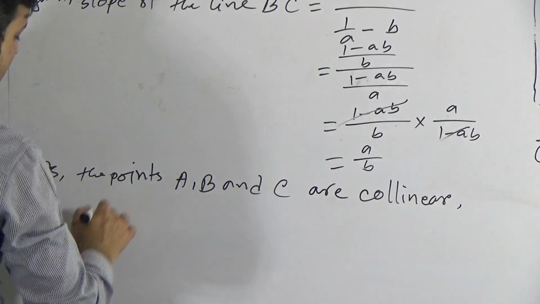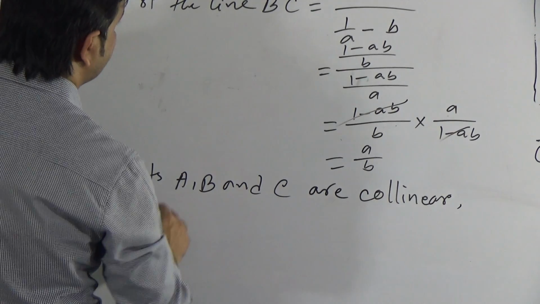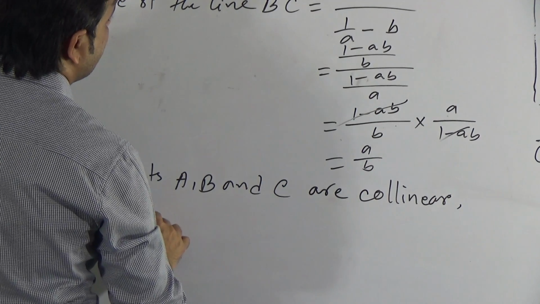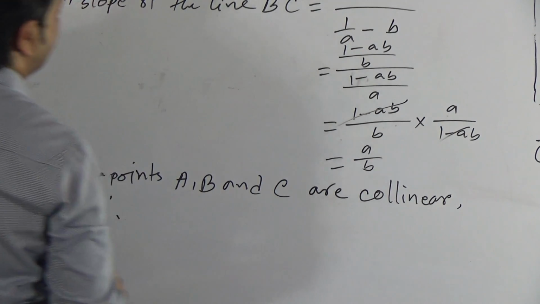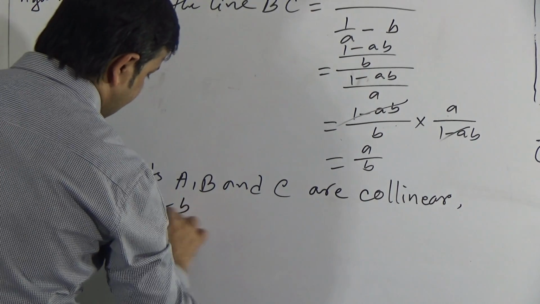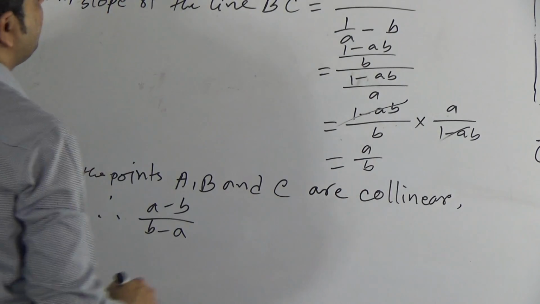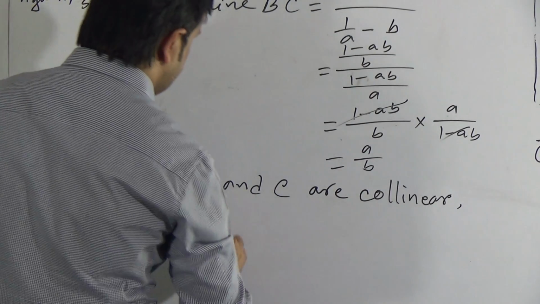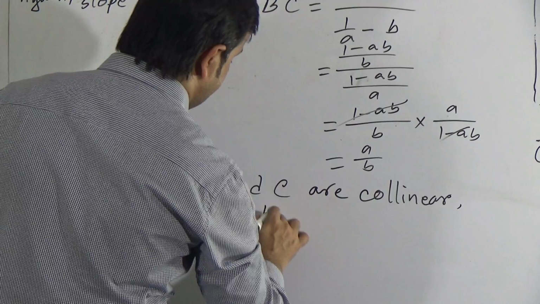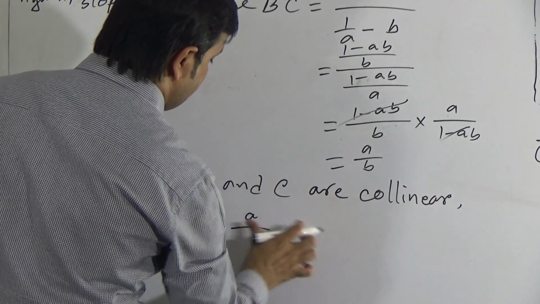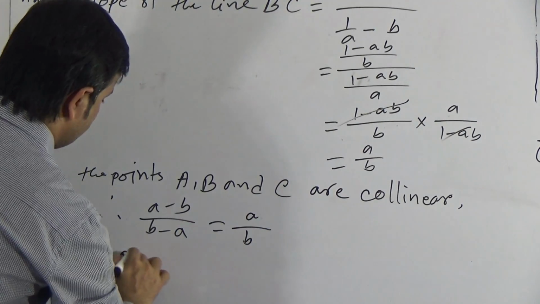Therefore we can say slope of AB is equal to slope of BC. It means A minus B by B minus A is equal to A by B. Now we can calculate here.